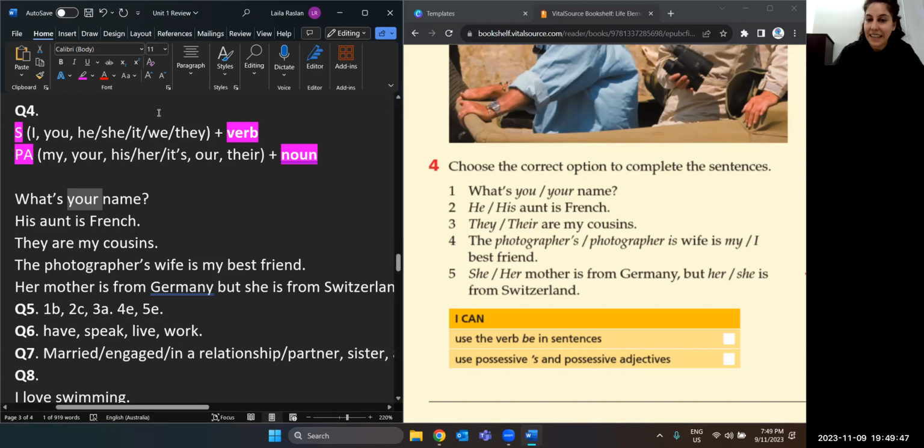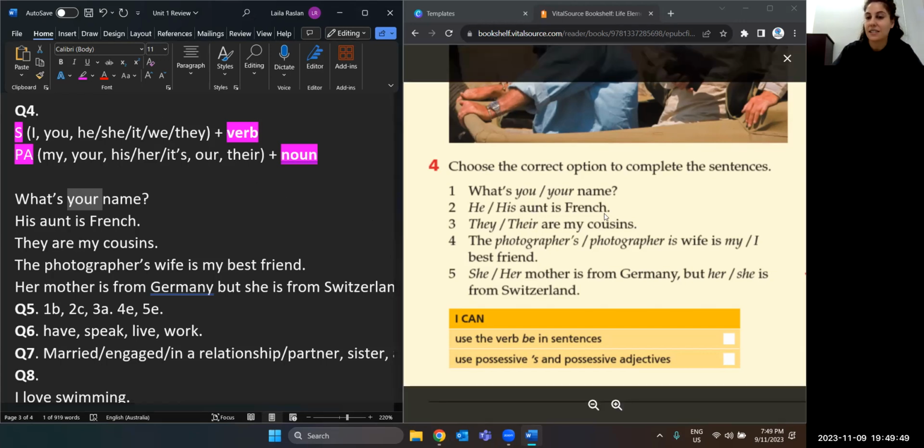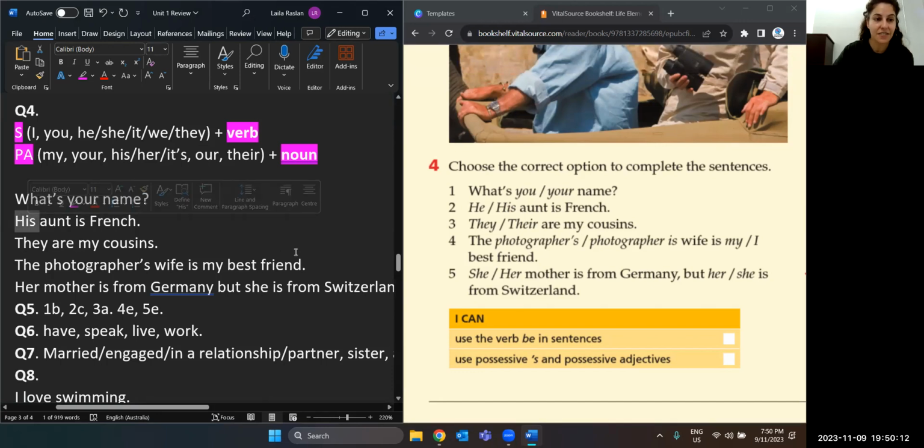The next one, his or he: "aunt is French." Now, aunt is a noun. Exactly. His aunt is French. It didn't say "he is French." It's talking about a noun that belongs to someone. A possessive means something that's yours. So, his aunt is French. We're using, again, the possessive adjective.